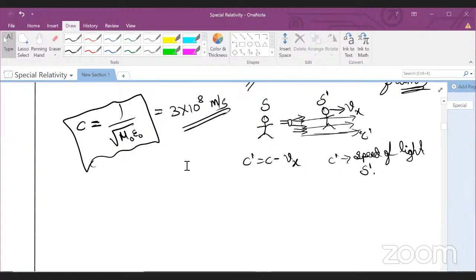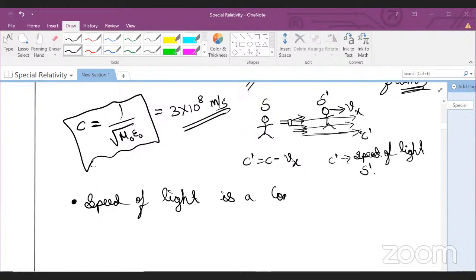So to solve this problem, Einstein put forth this postulate. It's a very important postulate, that is, the speed of light is a constant, or I can tell it's a universal constant, and will be the same for any frames.